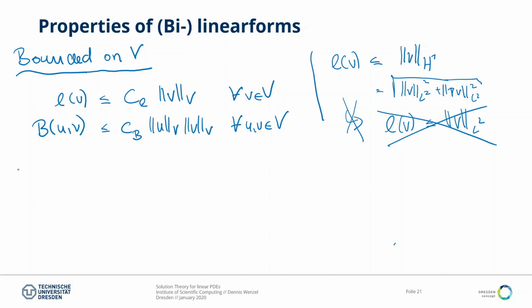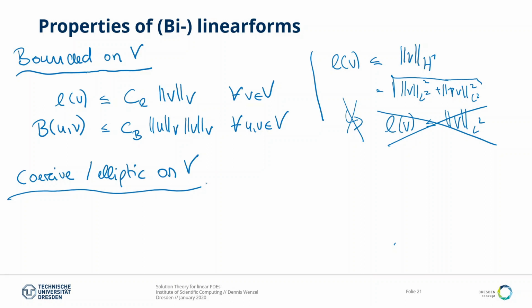And the other interesting property is coercivity. And coercive, or sometimes also referred to as elliptic, also on some space. That's a property that you only need for bilinear forms. And in order to define this, we take the bilinear form and insert the same argument twice.